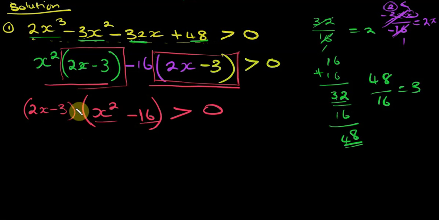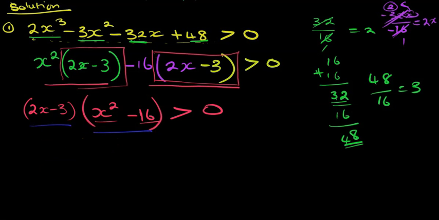Whenever you have two products, or expressions, or a difference of two squares, or whenever you have factors multiplying each other like this, you can equate each of those factors to 0 and solve for x.